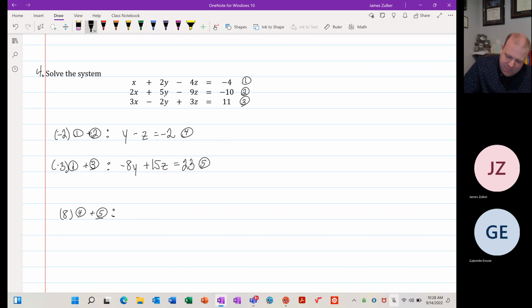We get -8z plus 15z, that is 7z. So -16 plus 23 is 7. We'll call that equation 6. So this system is equivalent to this system up here, which is equivalent to the original system.